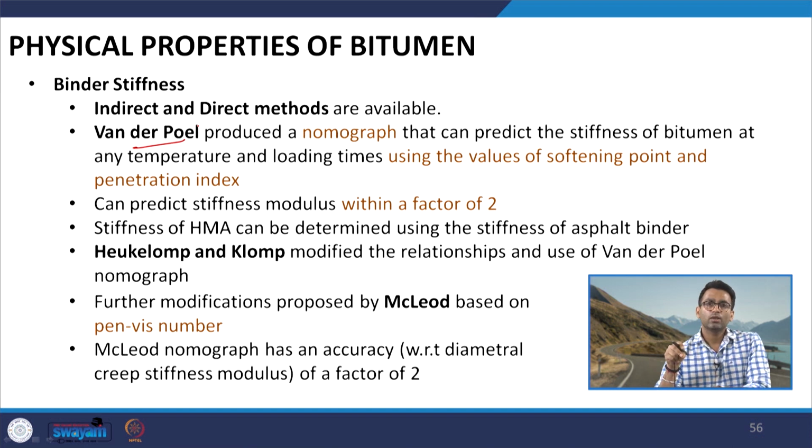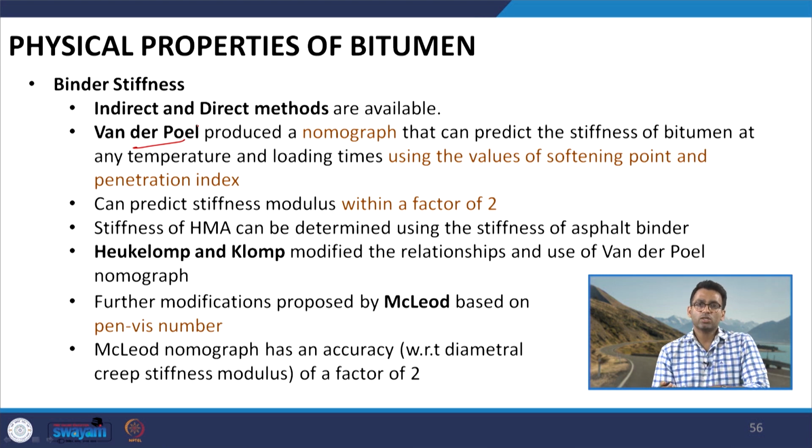This seems very interesting, because if you have only simple tests done on bitumen, you can predict the more exact behavior in terms of stiffness, which is actually a function of time and temperature. Studies have found that the accuracy of this nomograph is within a factor of 2.